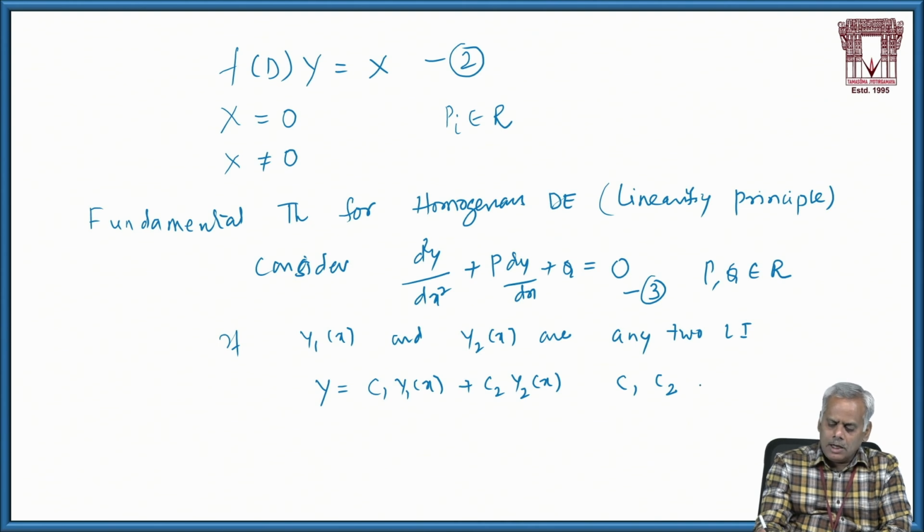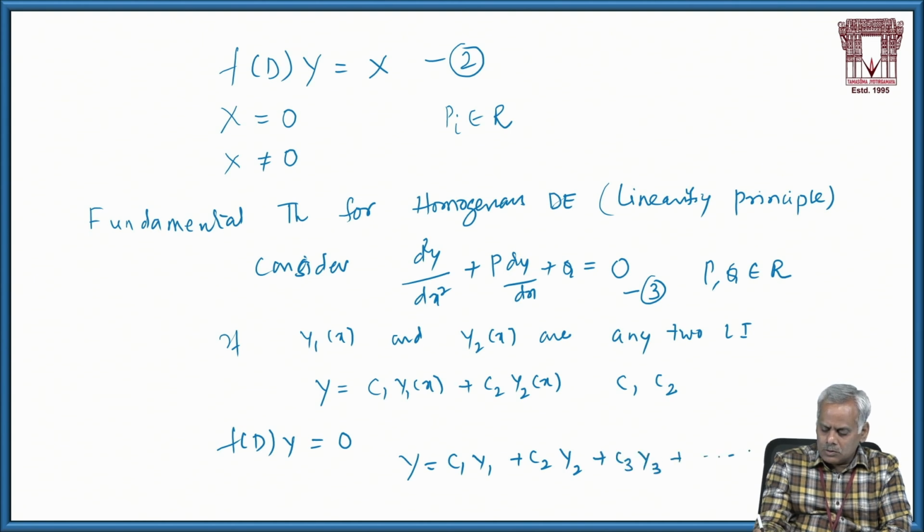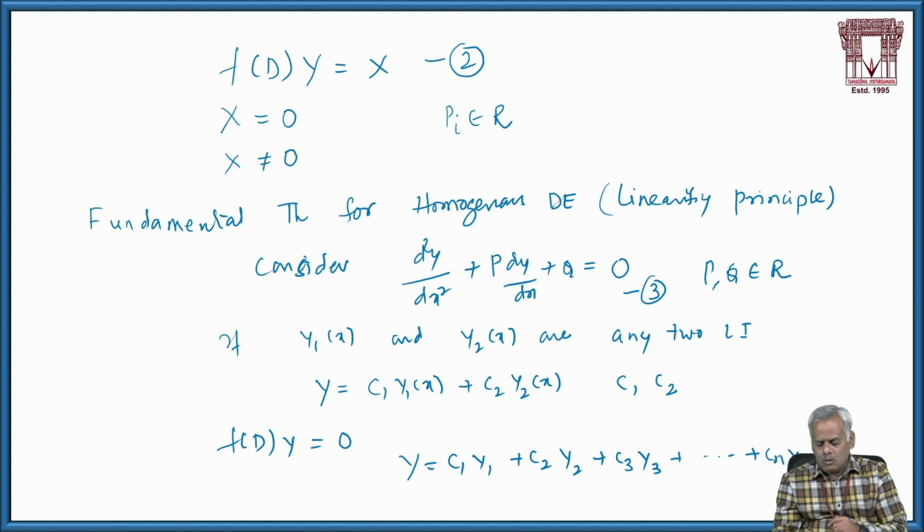So in general, if f of D of y is equal to 0 is a linear differential equation of nth order, then its general solution is given by y is equal to c1 y1 plus c2 y2 plus c3 y3 up to cn yn, where y1, y2, y3 up to yn are n linearly independent solutions of f of D of y is equal to 0, and c1 to cn are n arbitrary constants.